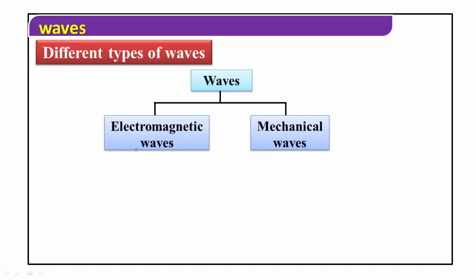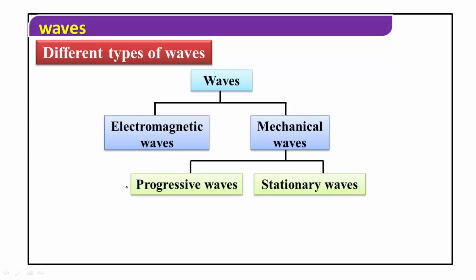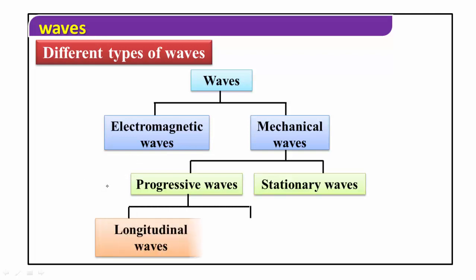Firstly, mechanical waves and electromagnetic waves. A wave is nothing but a disturbance created in the medium. Waves can be divided into two types, electromagnetic waves and mechanical waves.